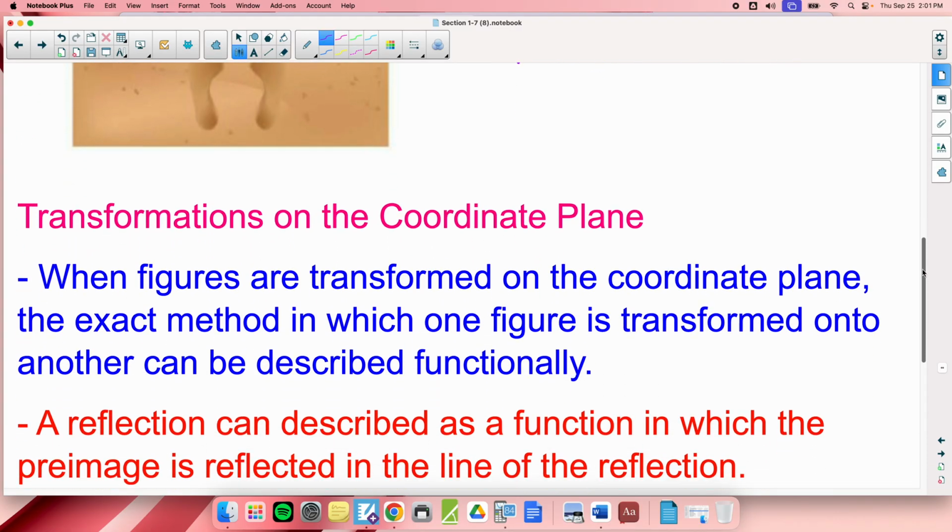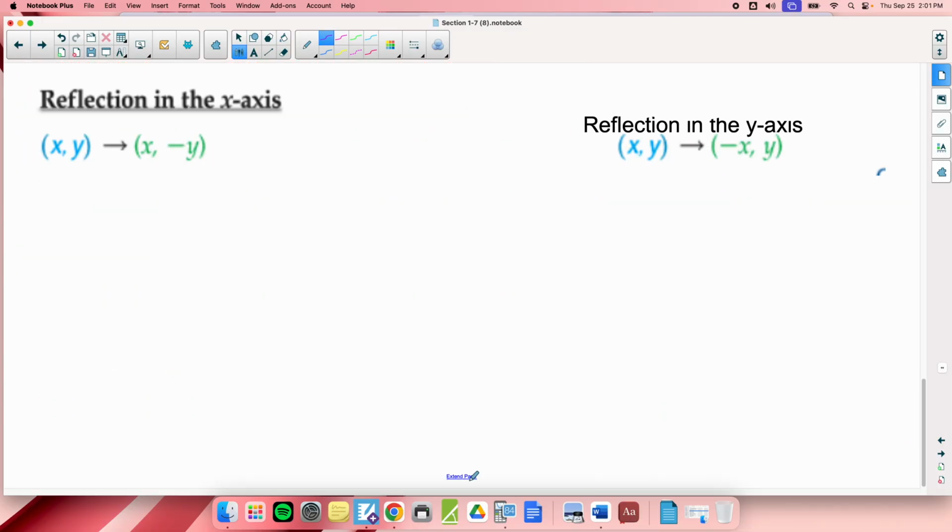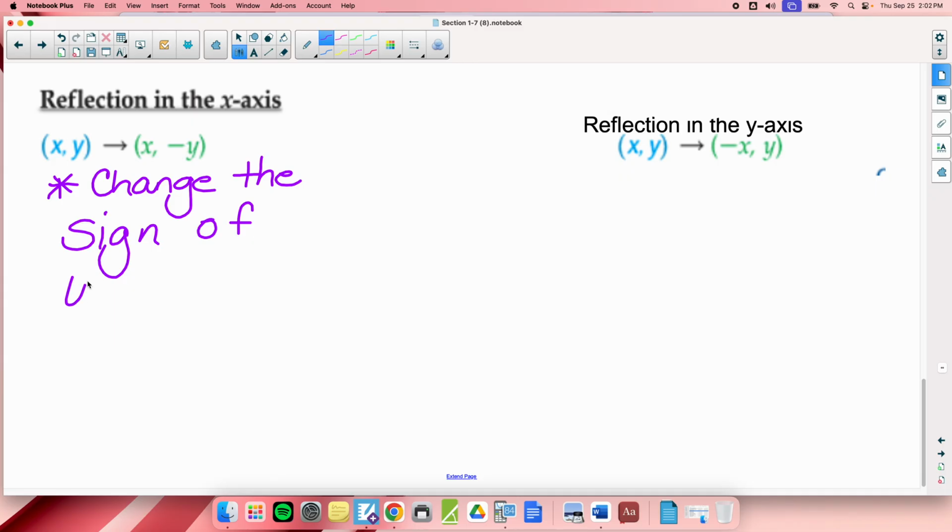All right. Now, here's what I would like you guys to do, and I strongly suggest you have your cheat sheet out. Somewhere on that cheat sheet, and you don't want to write super big, we're going to write this, and then I'm going to put a little note down here: change the sign of the y coordinate.